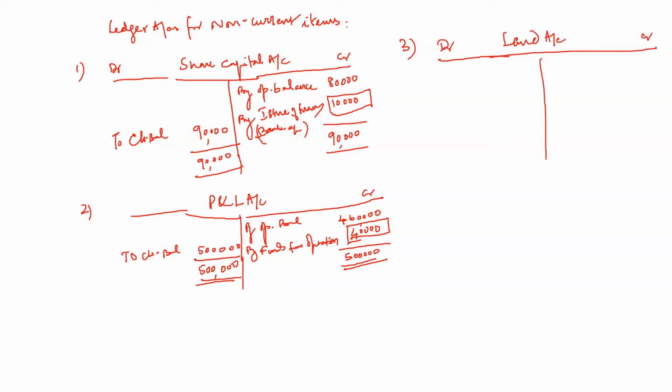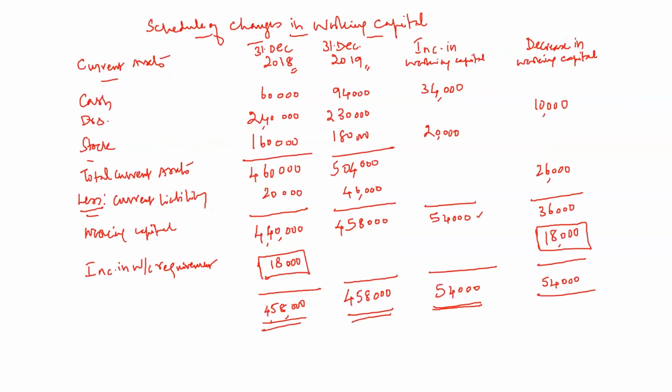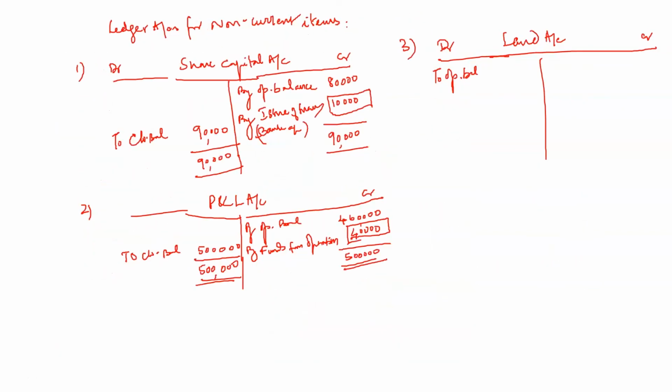Land being an asset item, opening balance on the debit side. To opening balance, 1 lakh, by closing balance, 1,32,000. So asset items will always have opening balance on the debit side, and the liability items will have opening balance on the credit side.